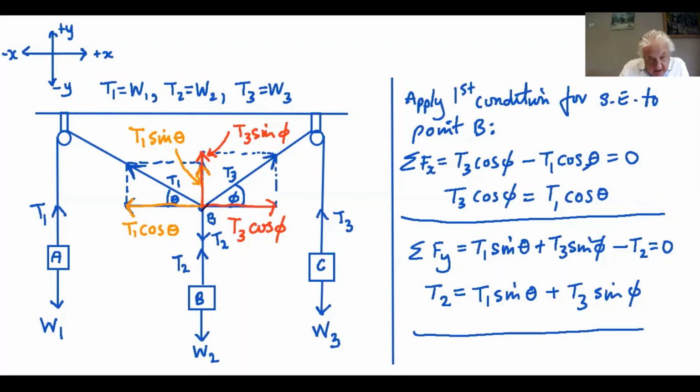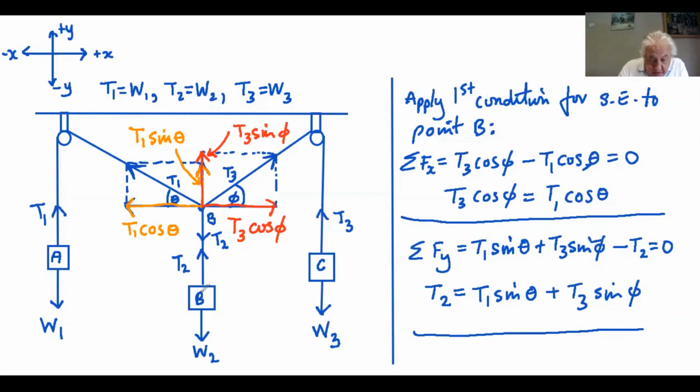Just to make a few points about the forces acting here in action and reaction. The way we look at the tensions is this. This point here is pulling on block A with a tension T1 to balance W1. By action and reaction, block A is pulling on point B with tension T1.